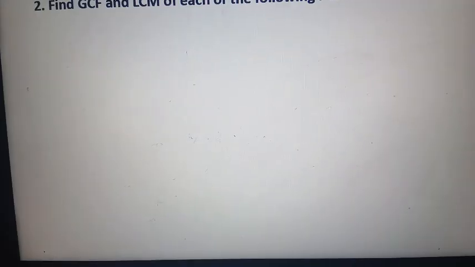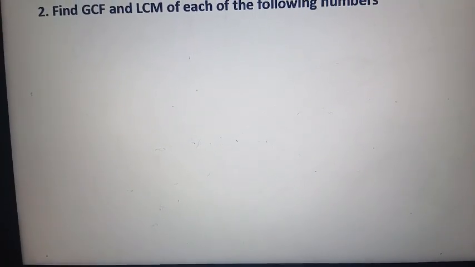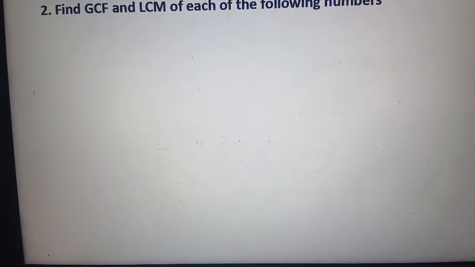The other one is to find the GCF and LCM of each of the following numbers.